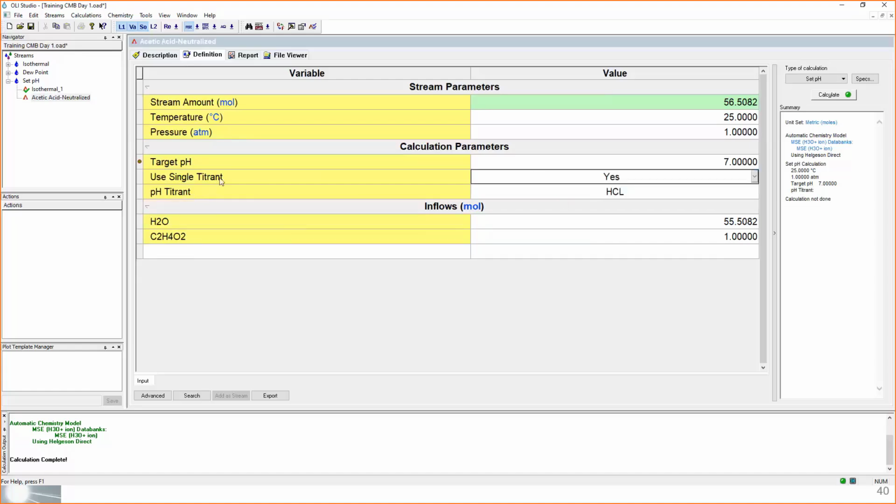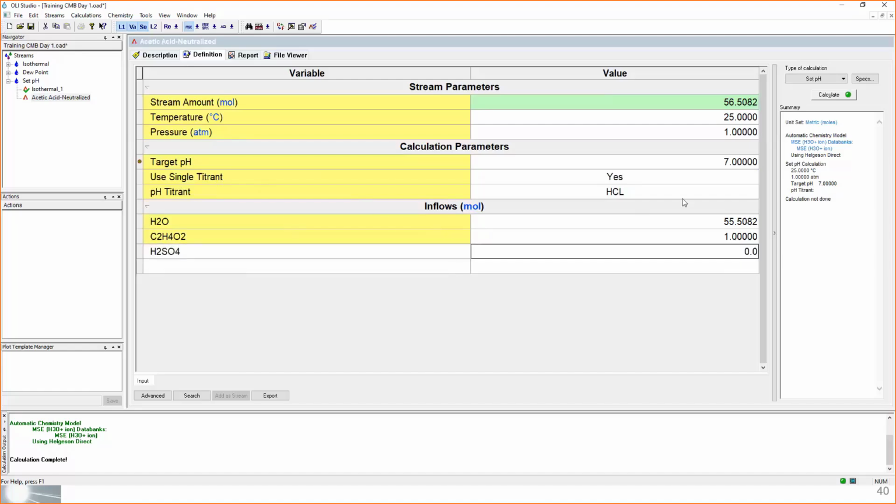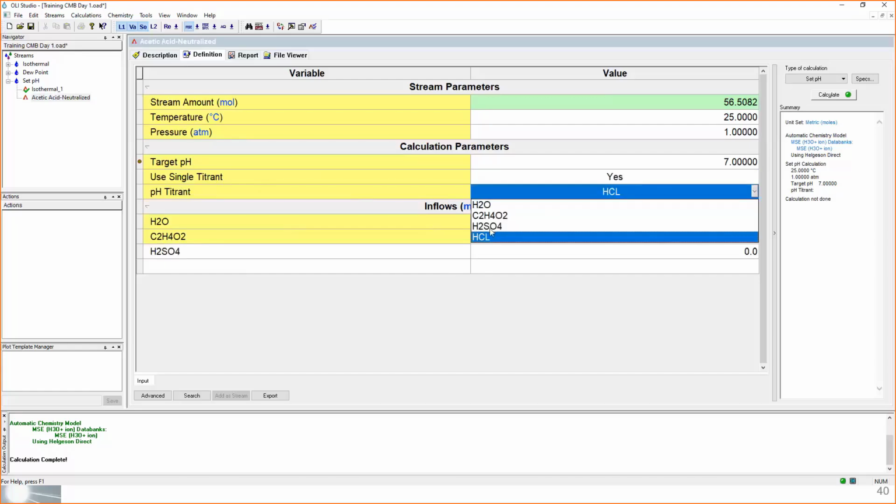When you say use single titrant and you say yes, I want to use only 1 titrant, the software will select one single titrant. In this case, it will be HCl, but let's say you want to change it to sulfuric acid. You can simply type here in inflows H2SO4, and you can change it to H2SO4, okay?